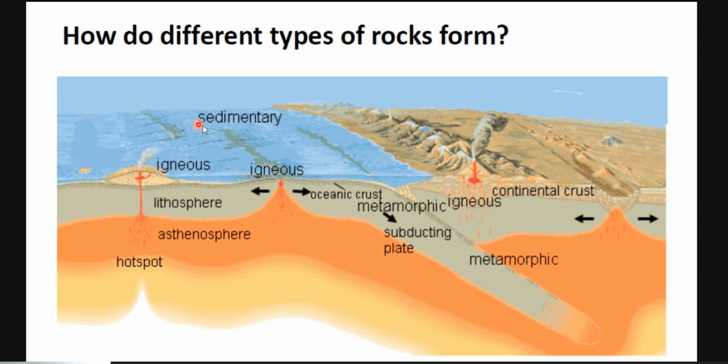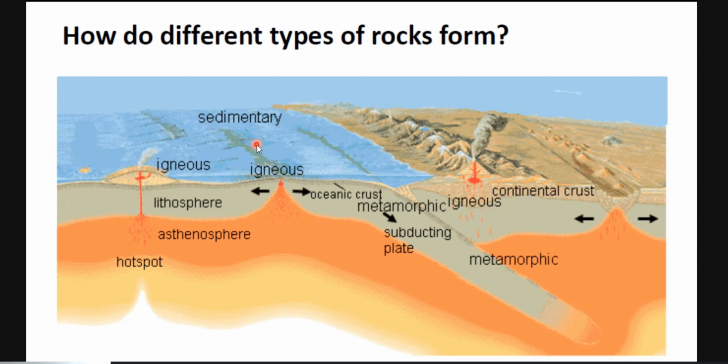The fine particles will deposit in the ocean basin, and with time they will lithify due to water pressure and sediment load. The lower layer will get lithified. In this way you will get sandstone in this part.